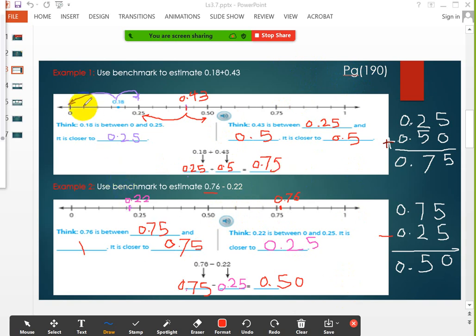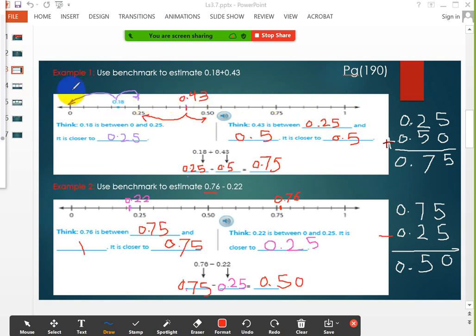So girls, on benchmark we have the comparable numbers, the numbers that are easy to add and subtract. Most of the time the first digit will be 0 or 5. So look, this will be 0, 0.25, 0.50, 0.75, 1. We name those numbers comparable numbers.